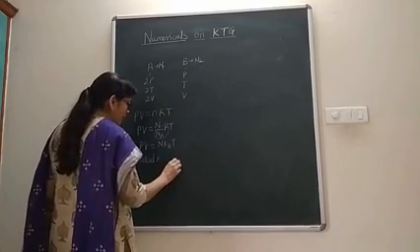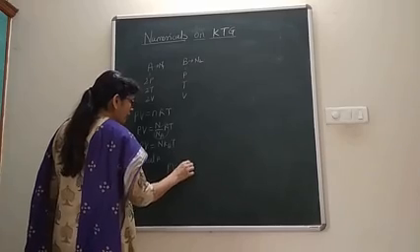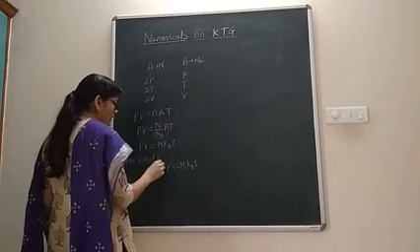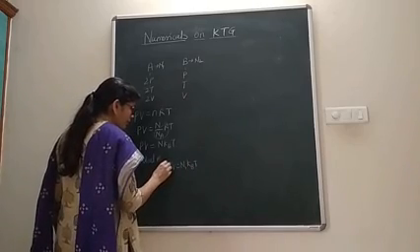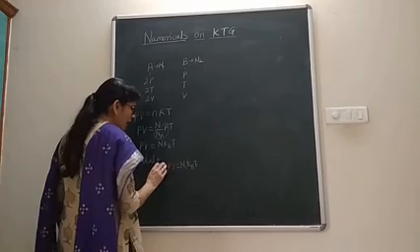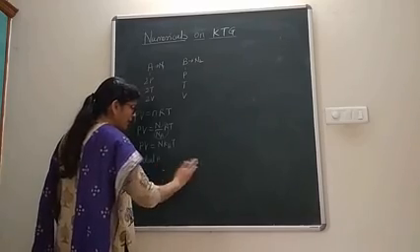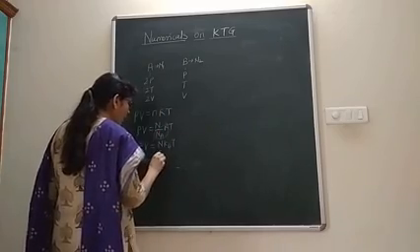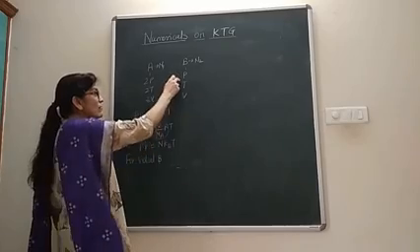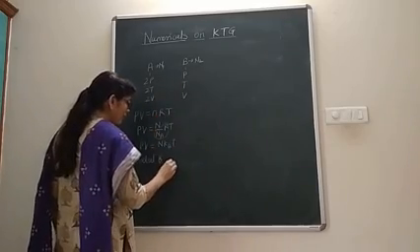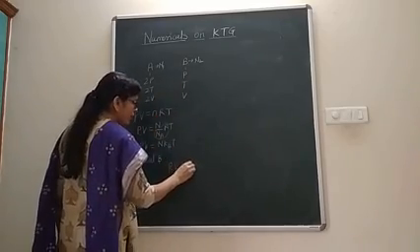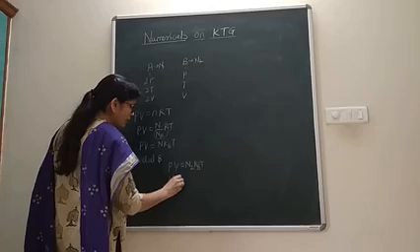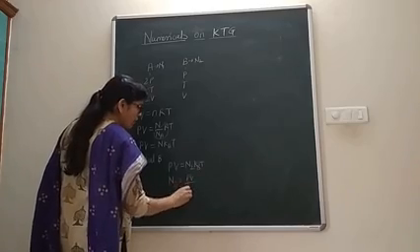So for vessel A, PV is equal to N1 KbT, with everything twice. Let us write first for vessel B, it will be easy. PV is equal to N2 kBT, so N2 is equal to PV upon kBT.